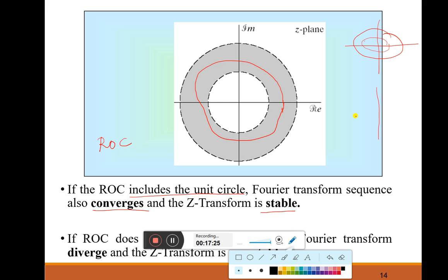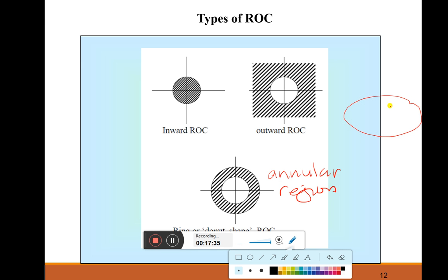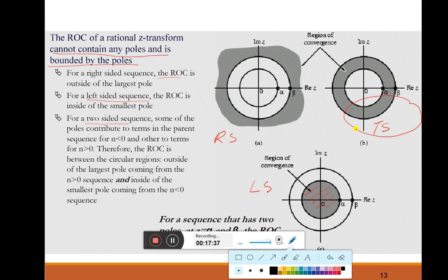So tadi kalau dalam outward tu dia dekat luar, lorekan dia di luar, so means that dia punya unit circle mesti di luar. Okay, alright, so this is the description for this one.